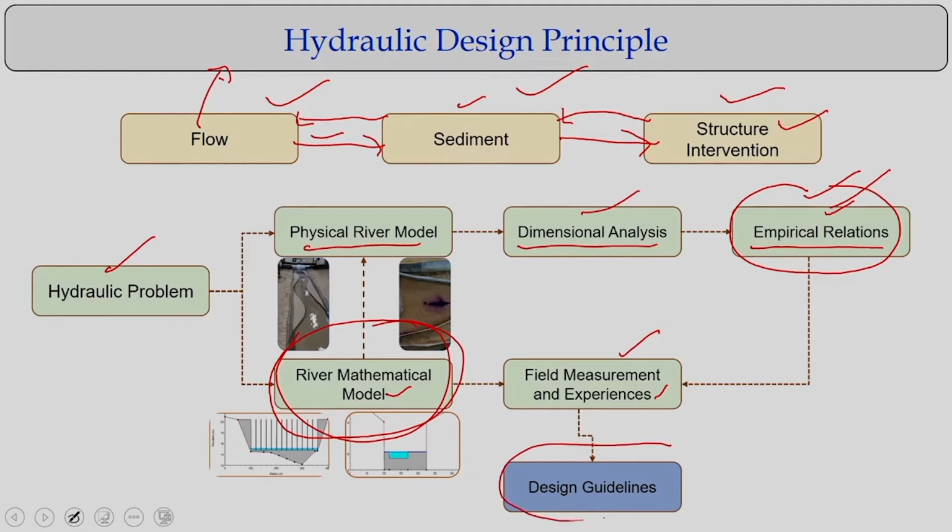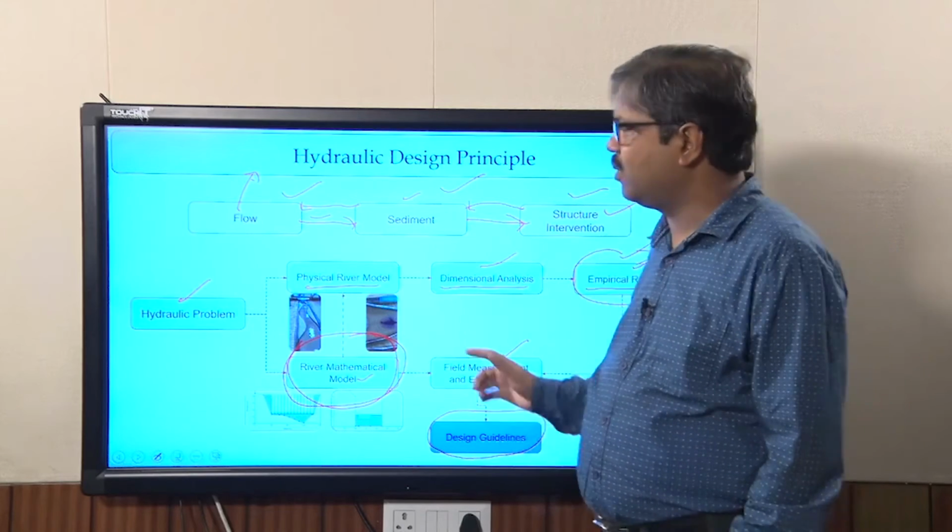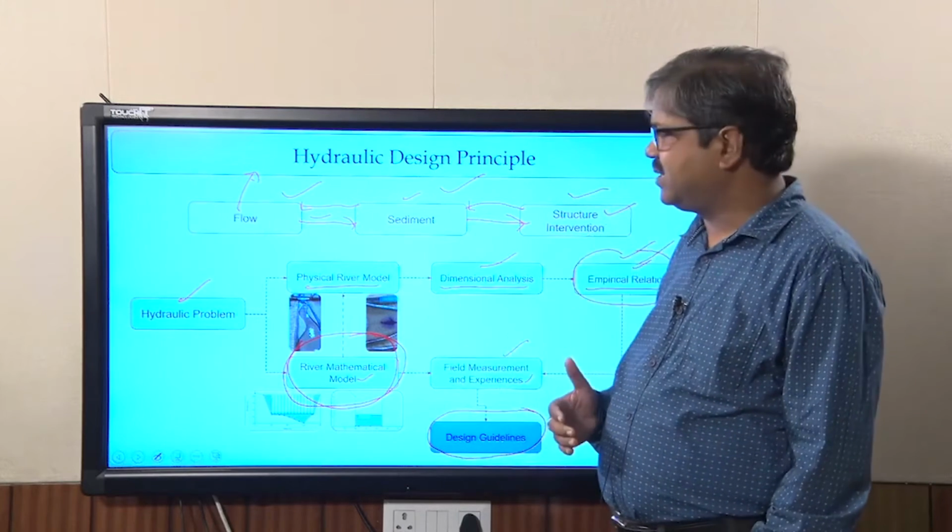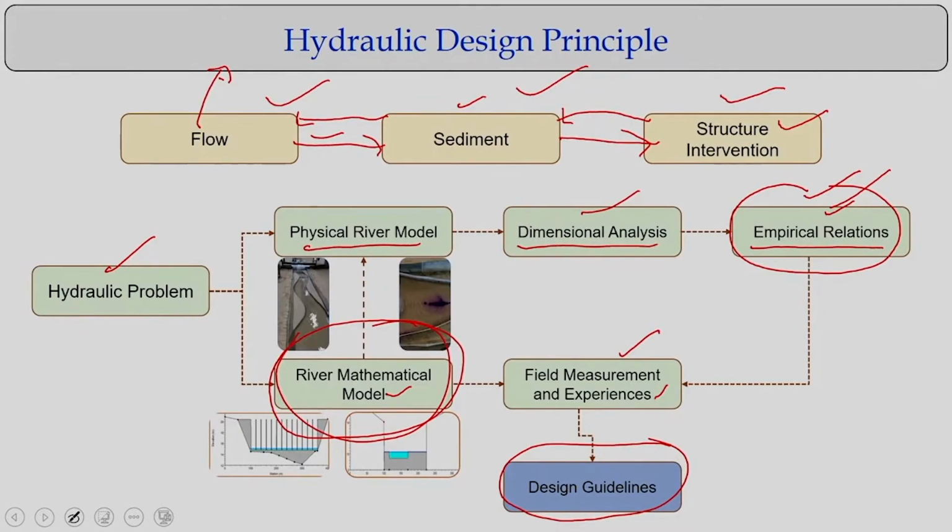Finally we create design guidelines for the hydraulic designing of bridge components. In summary, whenever you have bridge problems or any hydraulic problems, we go for physical river models or mathematical river models, do a dimensional analysis and empirical relationship, integrate with the field measurements and the experience, and prepare the design guidelines.